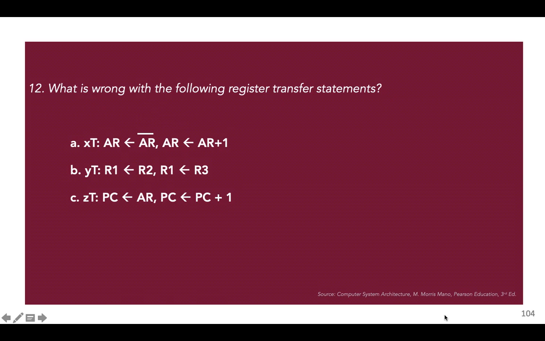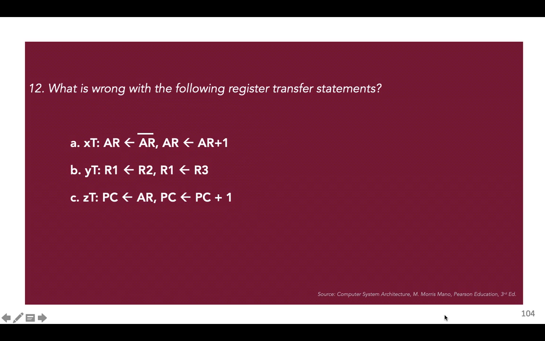The complement of AR is being transferred into AR, and AR plus 1 is being transferred into AR when X and T are 1. In the second one, when Y and T are 1, the contents of R2 are being transferred into R1 and contents of R3 are being transferred into R1. When Z and T are 1, contents of AR are moved into your program counter and program counter is being incremented.